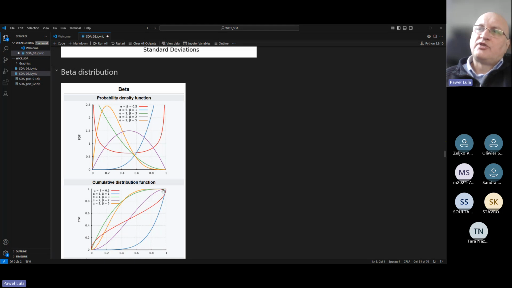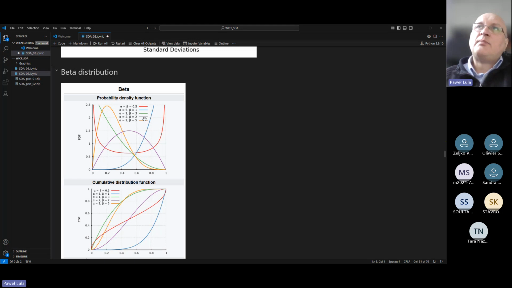The cumulative distribution function is presented here. Also, we see it for different values of these parameters. So shapes may be different. This plot may be symmetrical or not. It depends, of course, on parameters. But there is something very interesting for this distribution.